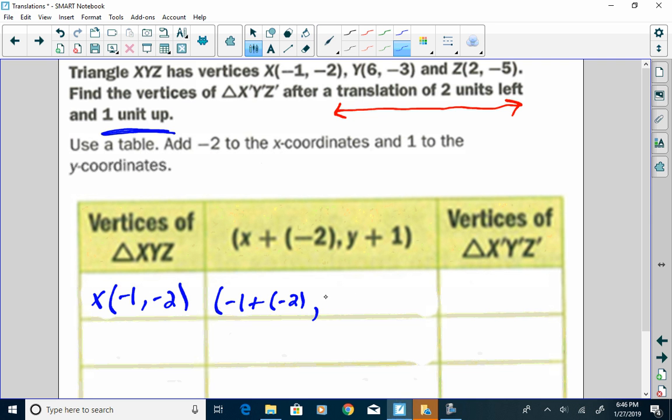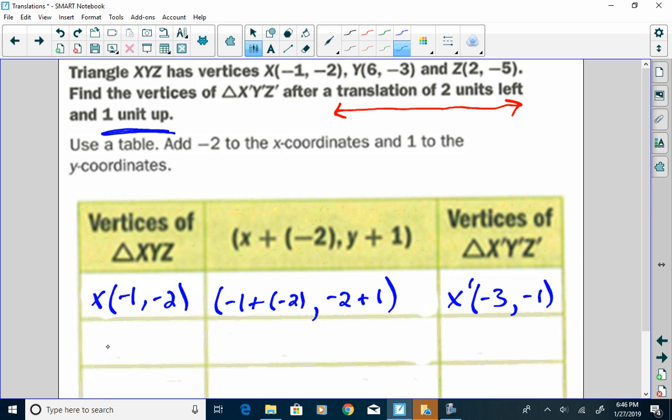My y value is -2, so I want to take -2 and add 1 to that. So to find the image of X, which we would call X prime, I have to add -2 to -1. That's going to give us -3. Then I have to add 1 to -2. That's going to be -1.